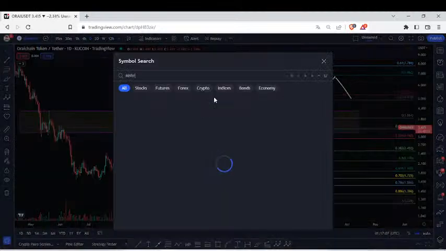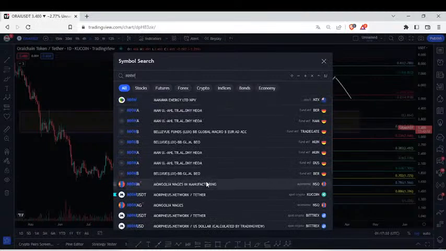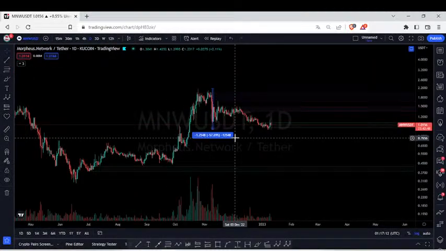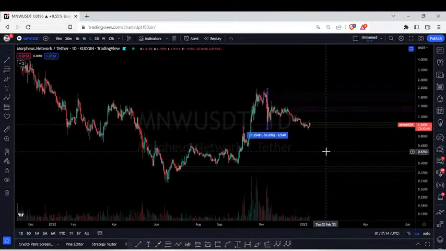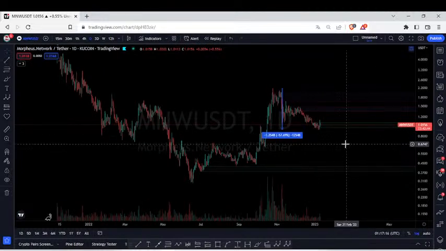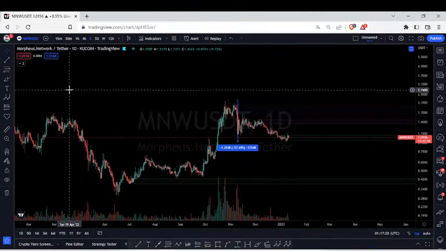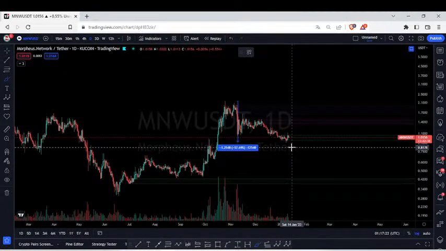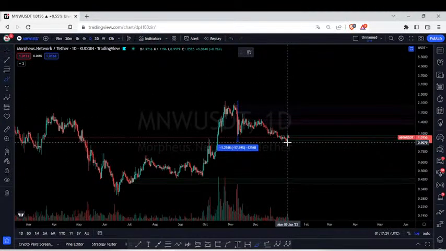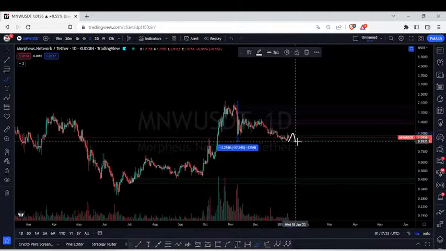Okay. Now, one coin that I bought is Morpheus Network. I only bought a little bit though. That's for my accumulation area. It's not going to be a huge purchase, but I still made some because otherwise I'm going to forget. Right, what I see is this.